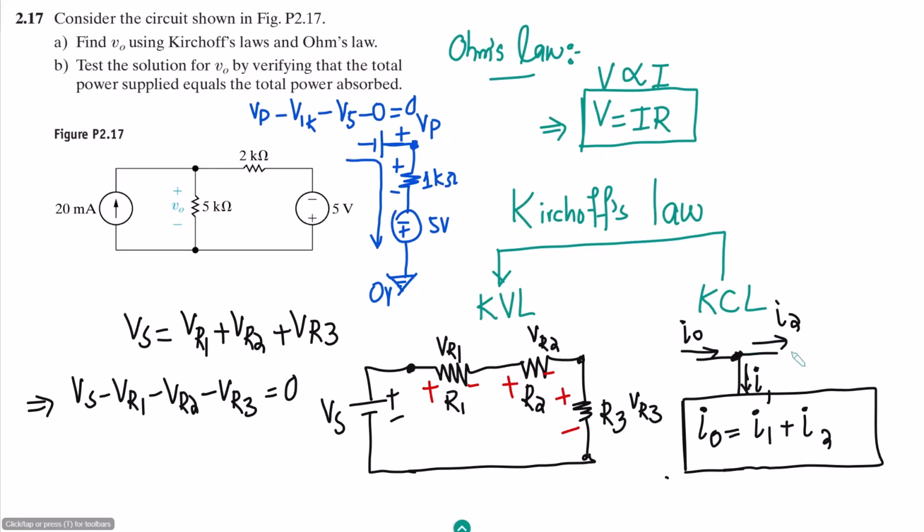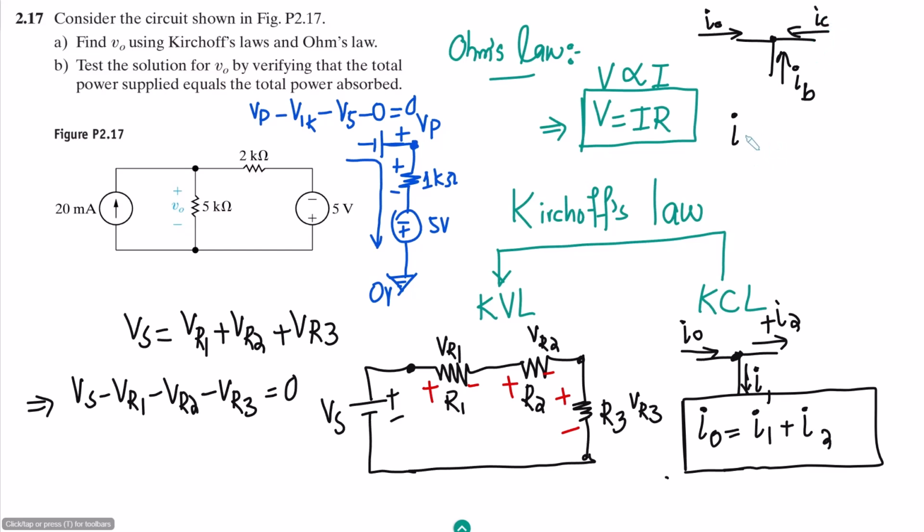If the currents are moving away, the sign of them will be positive. If they are coming towards the node, then, if all the currents are coming towards it, let me take this current as IB and this as IC.